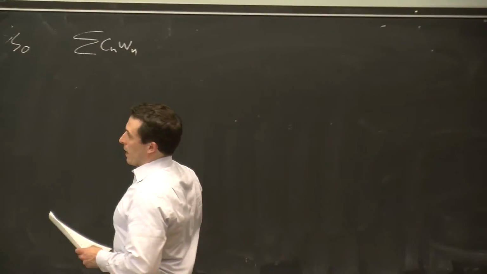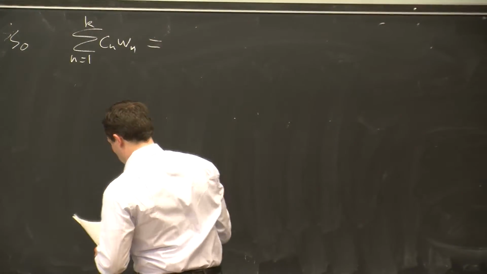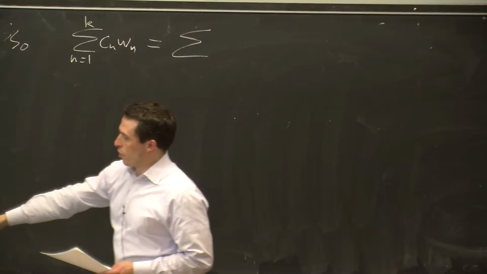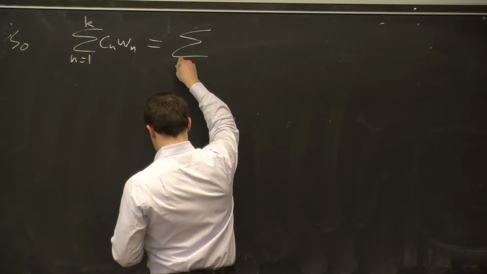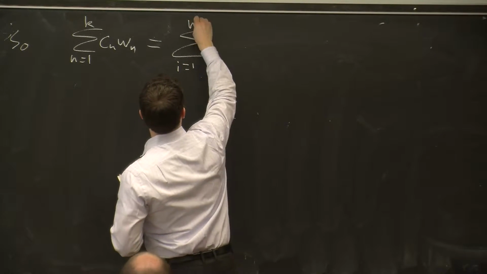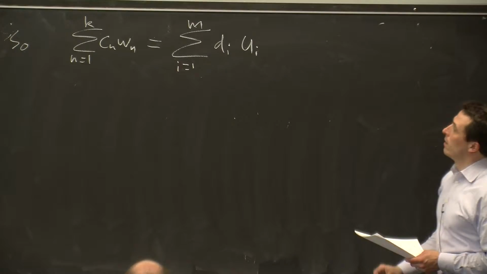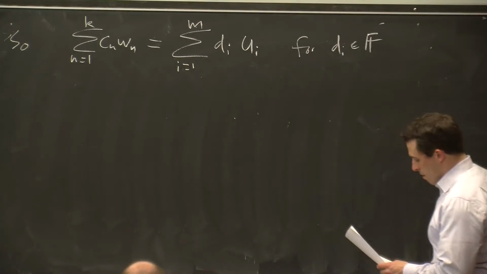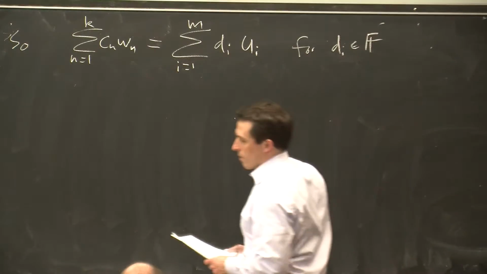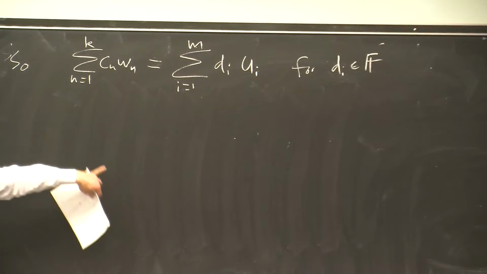The sum of the cn wn's, and here it goes from 1 up to k, is equal to some linear combination of the U's, because the U's span the intersection. So let's say i equals 1 up to m, di ui, for some coefficients di in the field. Because this is a basis, right? So now we have a new expression for cn wn. And we have a new expression for 0.